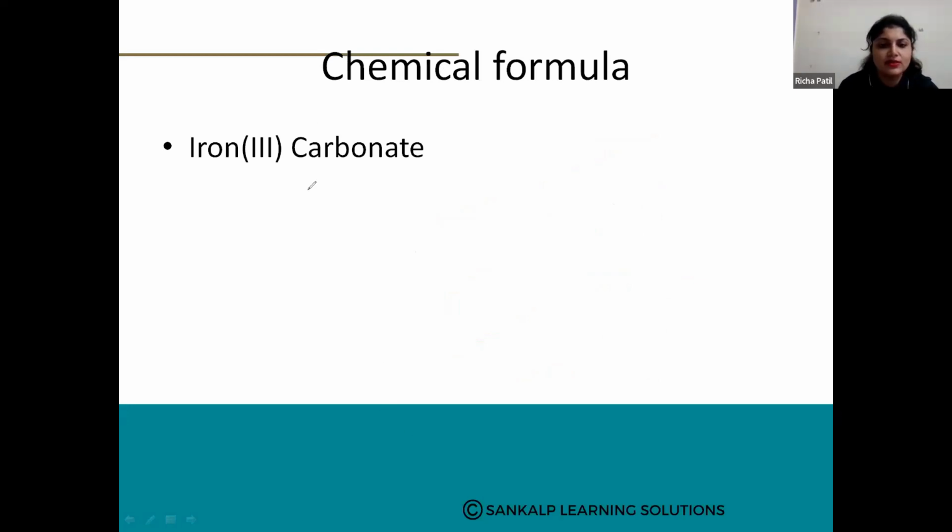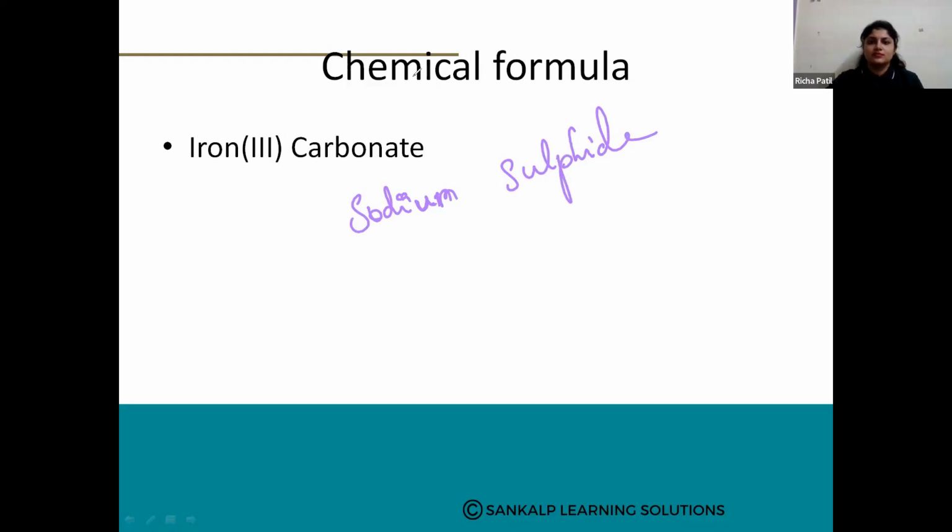The last one: sodium sulfide. Symbol, charge.